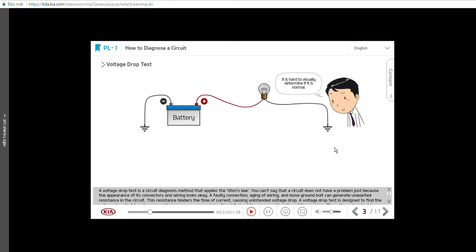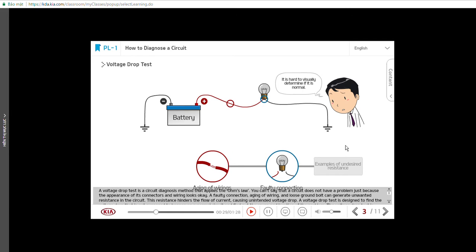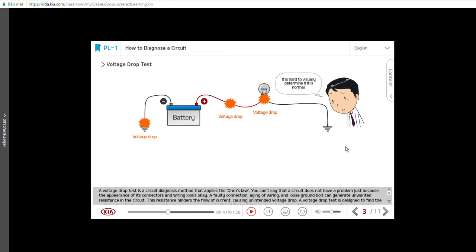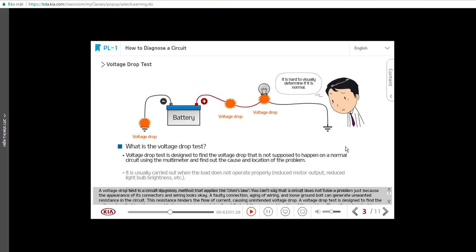A voltage drop test is a circuit diagnosis method that applies Ohm's law. You can't say that a circuit does not have a problem just because the appearance of its connectors and wiring looks okay. A faulty connection, aging of wiring, and a loose ground bolt can generate unwanted resistance in the circuit.